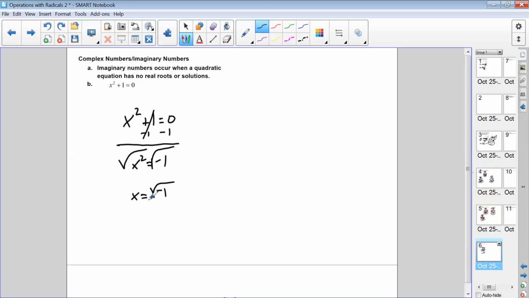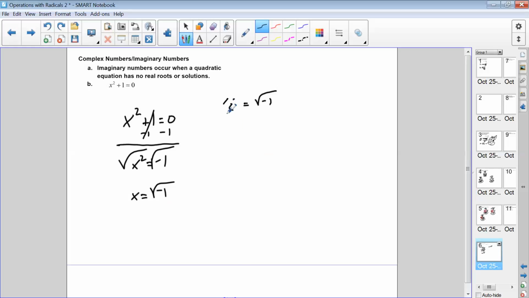And since the square root of -1 is an imaginary number, this leads us to what I would represent as i. I would equal the square root of -1. And we will use that in the subsequent problems where we have a negative under the radical. So we'll utilize the imaginary number i.